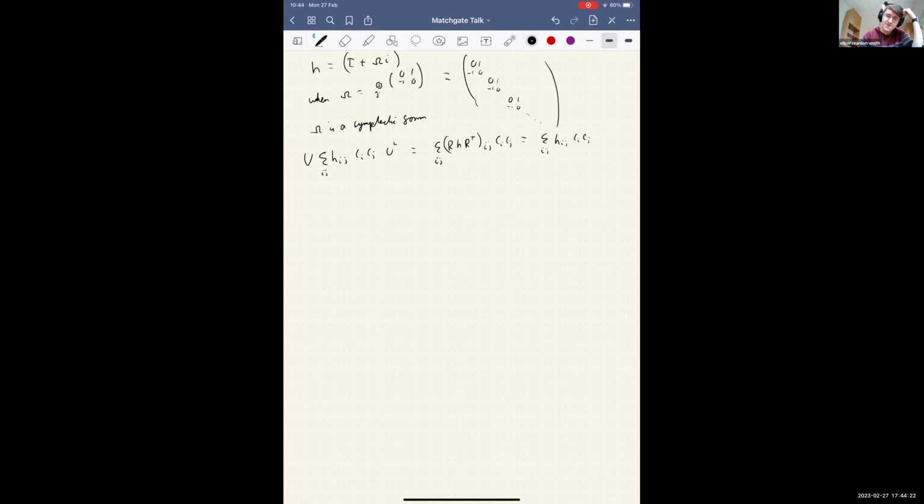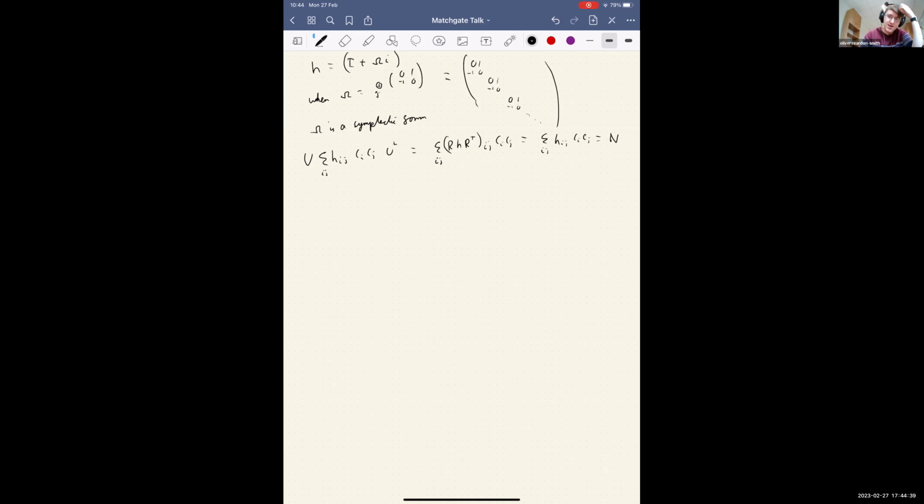So U preserves this thing here. And once again, you can compute this thing and discover that it is the number operator, which counts how many fermions are in my system.